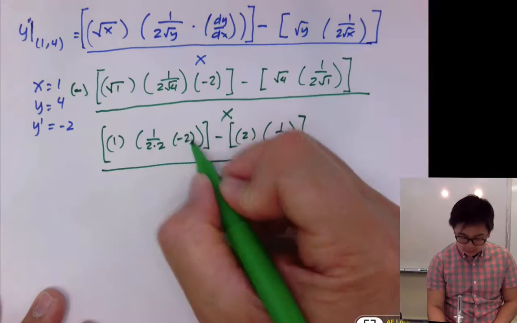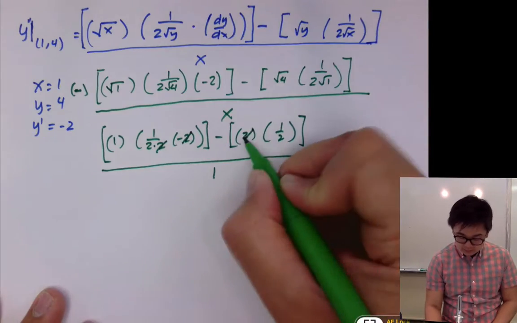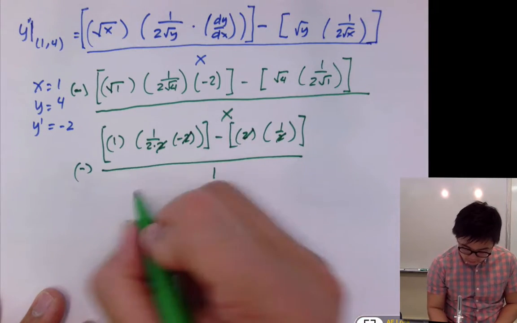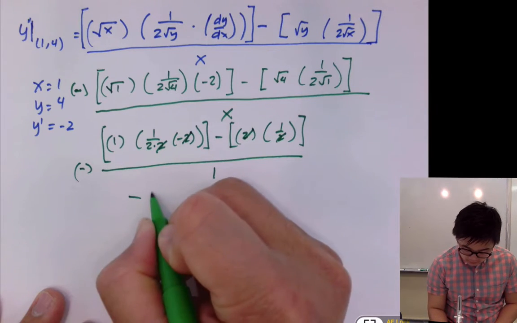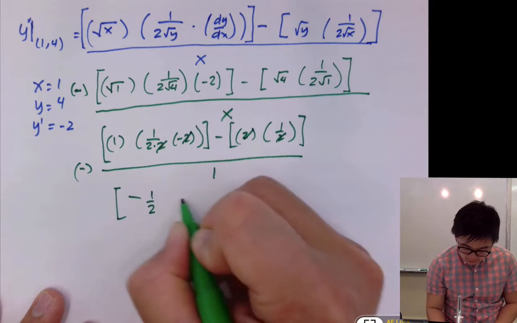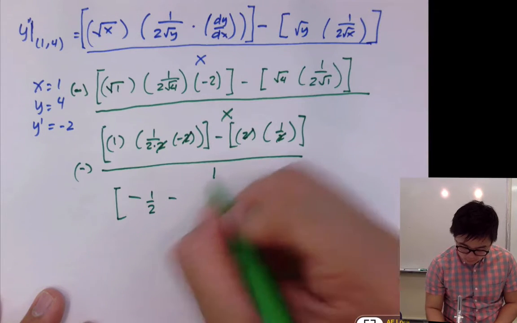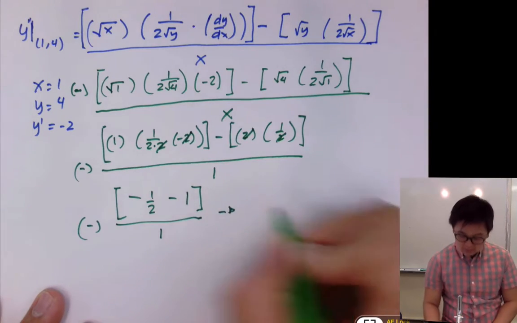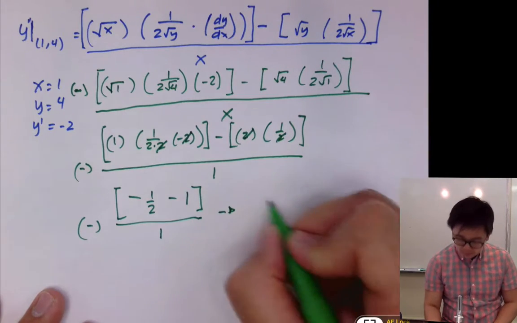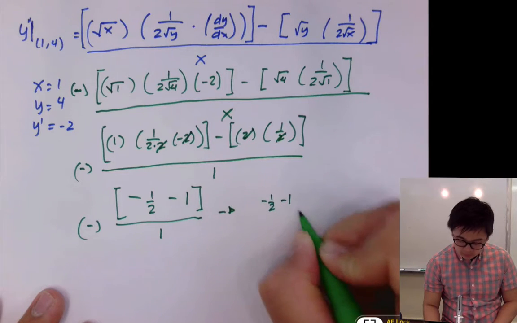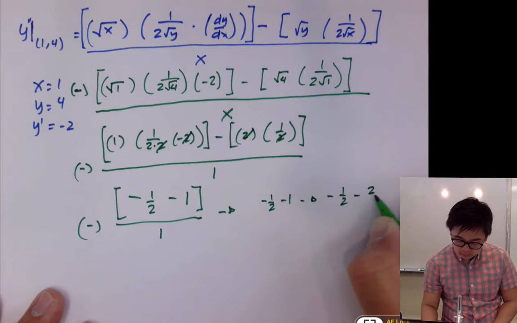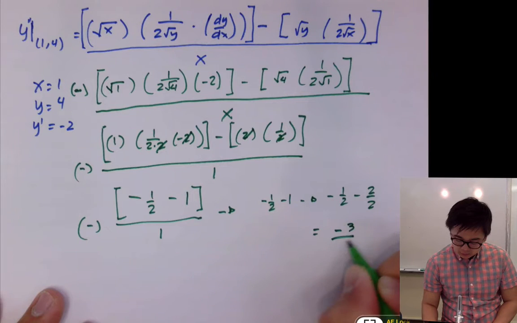By cancellation, we can cancel these, and we are left with negative 1/2 minus 1 all over 1, and we know that this is negative. And by simplifying the numerator, negative 1/2 minus 1 is simply negative 1/2 minus 2 all over 2, which gives us negative 3 all over 2.